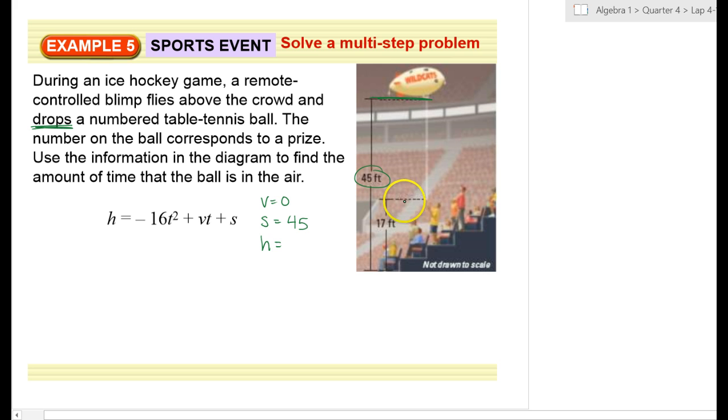My ending height, if I look at this picture, it's this little dude catching the ball 17 feet in the air. So my ending height is 17. So I'm going to plug in what I know. 17 is equal to negative 16t squared plus 0t plus 45, which is 17 is equal to negative 16t squared plus 45.